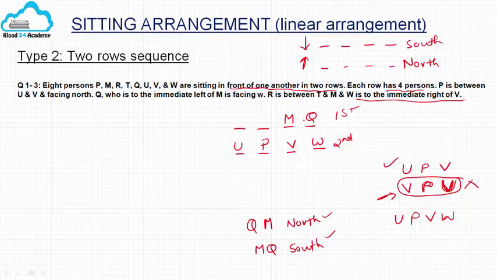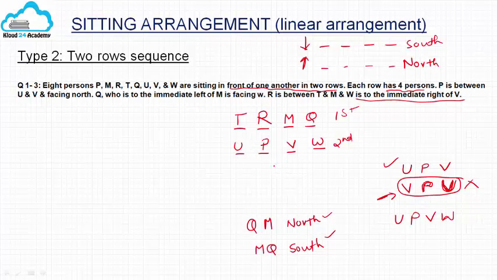Here M is facing towards south, so Q will come on the right hand side, which is left of M. R is between T and M, so M is here, T will be here and R will be here.